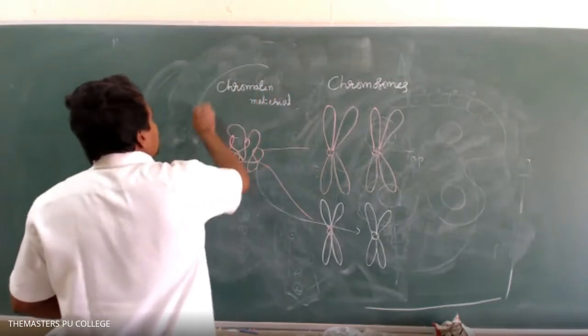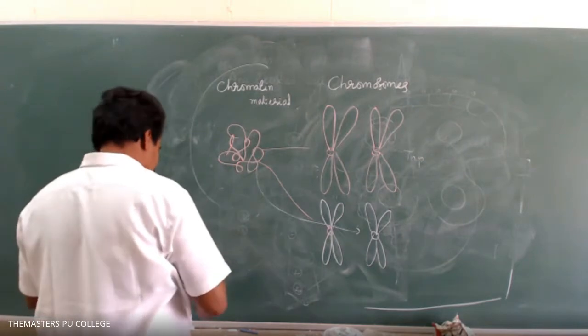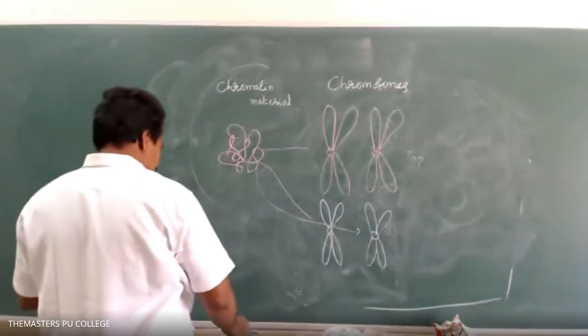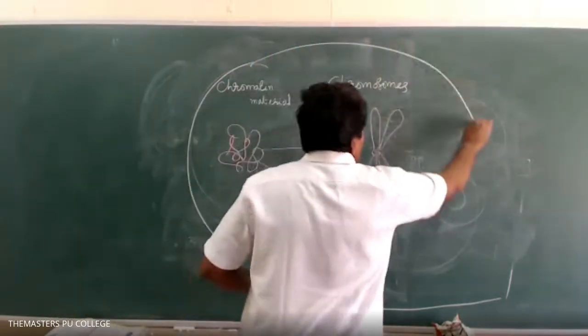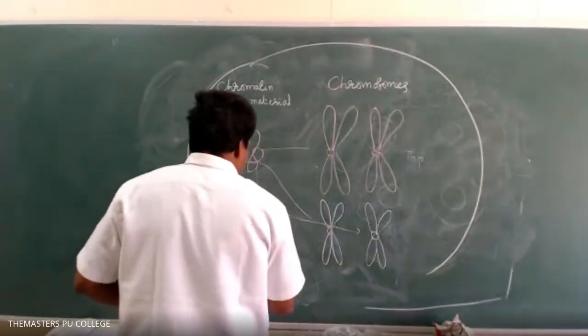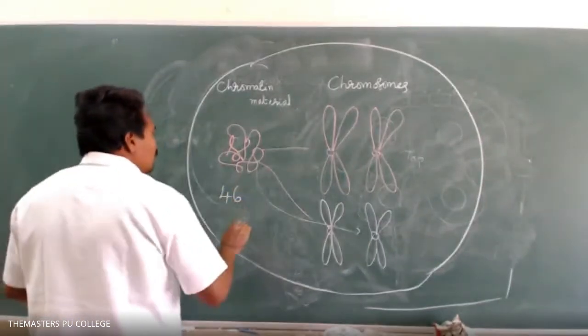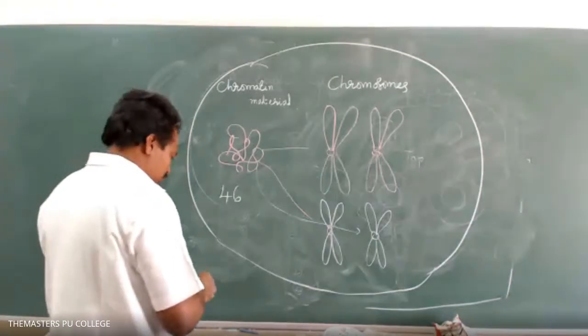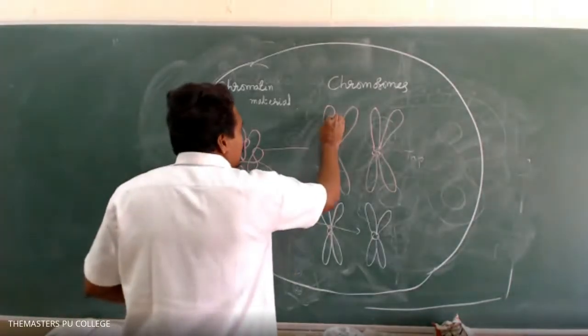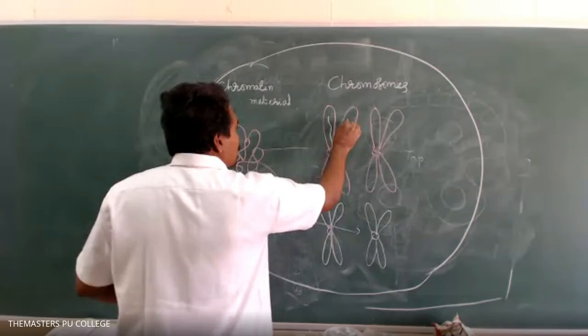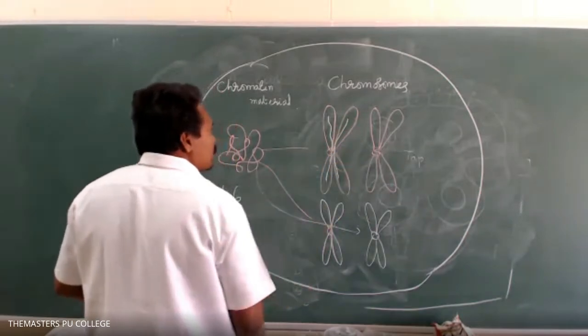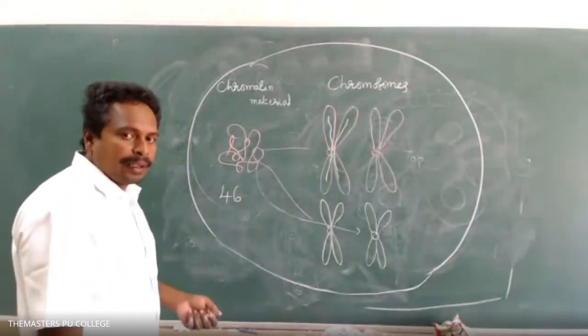How many chromosomes are present in a human being diploid cell? 46. Yes, 46 chromosomes are present. Each chromosome consists of a DNA molecule.